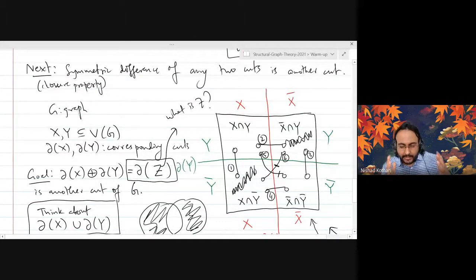So you have these 6 possibilities of edges that you can explain when you intersect 2 bipartitions of a graph vertex set. So you look at all the 6 types of edges and you observe that 4 types of these edges survive. And these 4 types of edges exactly correspond to partial of Z, where Z is the symmetric difference of the vertex sets X and Y.